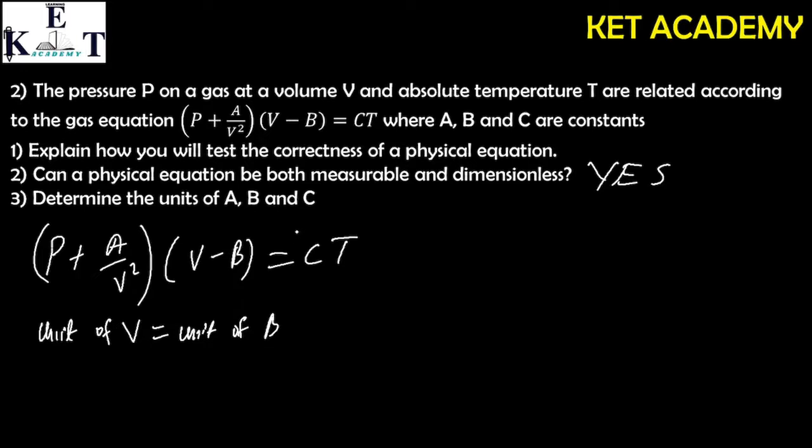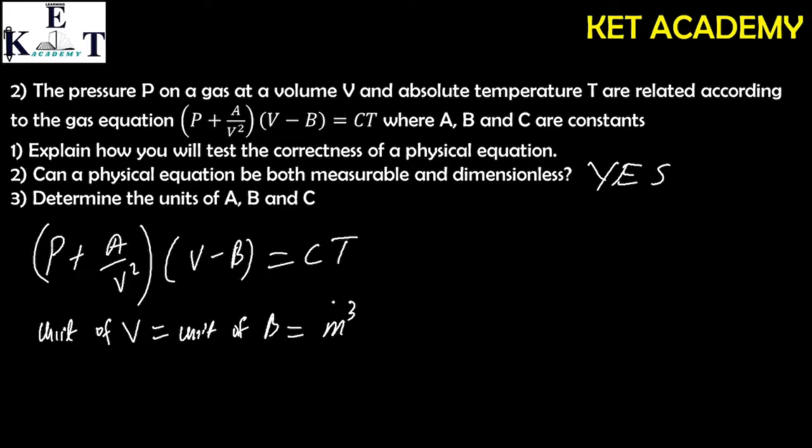Since the minus sign is a unitless constant, we can put there −1, and then the unit is not going to affect B. So to find the units of B, we simply look for the units of V. V is the volume, so the units will simply be meters cubed. That's our answer for the units of B.